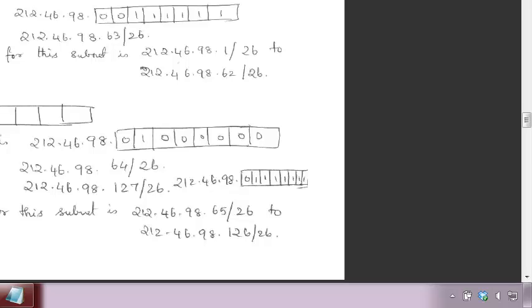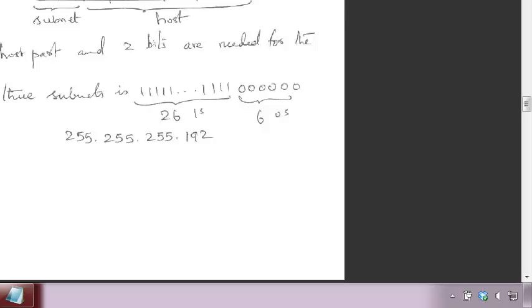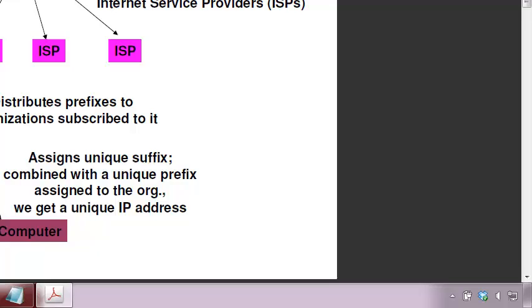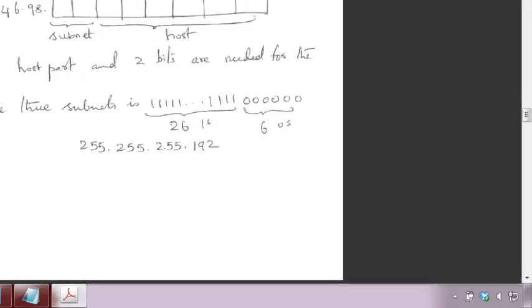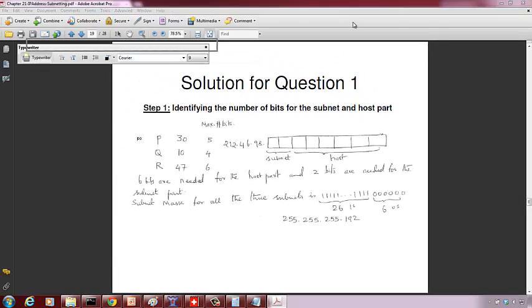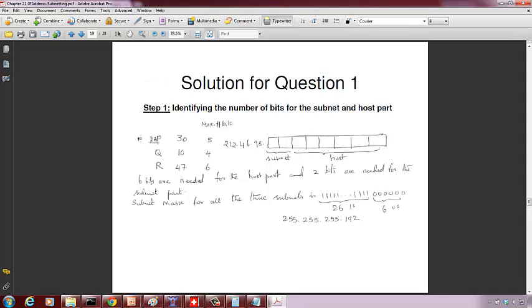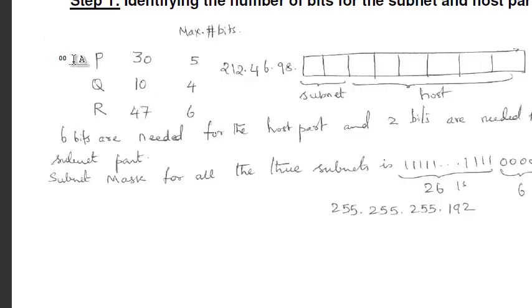So the subnets could be represented as follows.